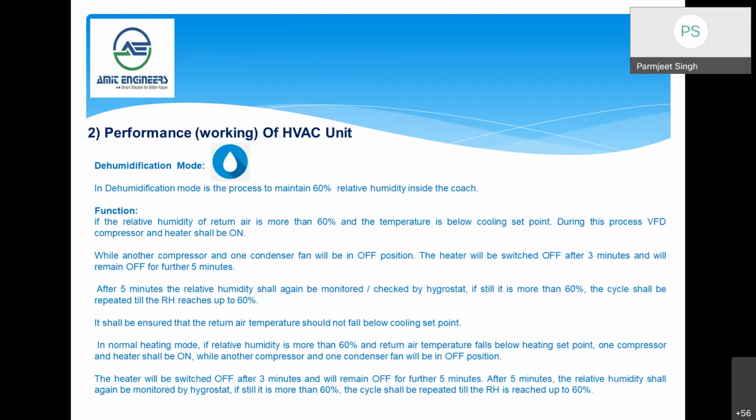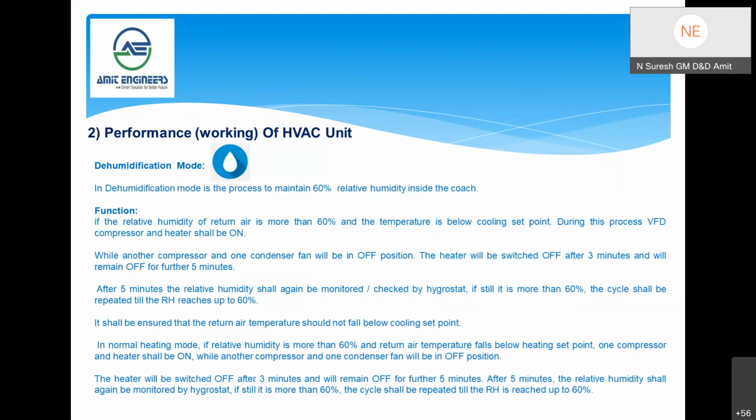Sir, I think that by increasing temperature, the saturation point of air is enhanced, that is, the moisture carrying capacity of that air is enhanced. Am I right? Yeah.